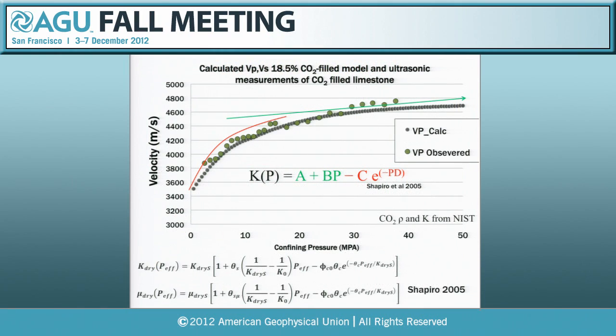So here's the ugly equation, but the quick, nice one is that this negative exponential, this subtraction of a negative exponential, is the early effective pressure pore closure, and then the green line is the limestone itself reacting to increased pressure. But in our rock model from Shapiro, we quantify compliant and stiff porosity.